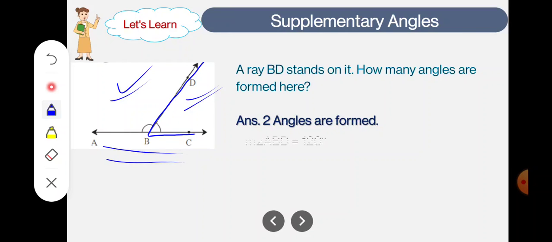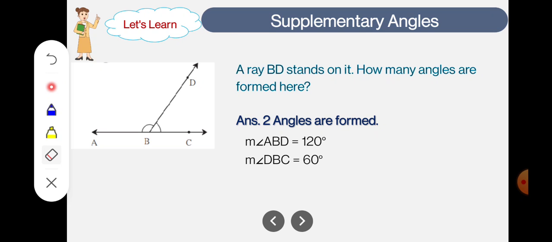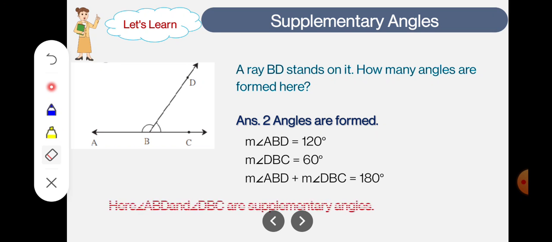If you measure them, angle ABD is 120 degrees and angle CBD is 60 degrees. Are they supplementary angles? Yes, because if you sum them up, their sum is 180 degrees, and therefore angle ABD and angle DBC are supplementary angles.